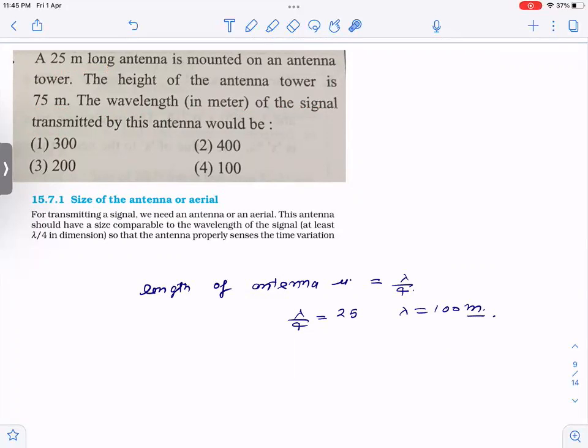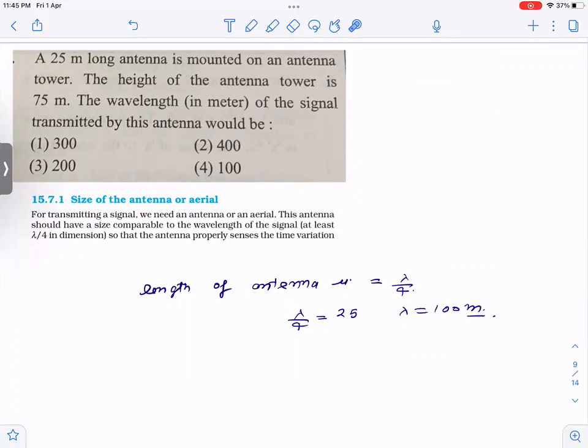This we discussed in previous video. We can discuss this again. Very simple relation. The minimum length of the antenna should be lambda by 4, right? If length of the antenna is lambda by 4, then the transmission optimization happens. So power radiated is also maximum, and then other reasons also we discussed in previous video.